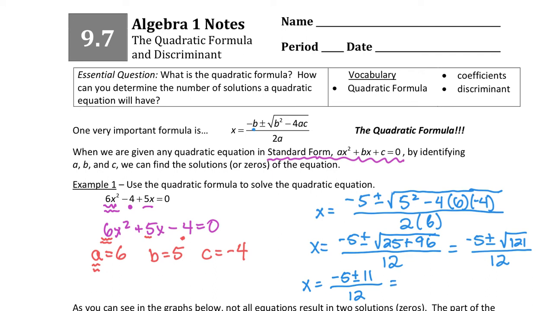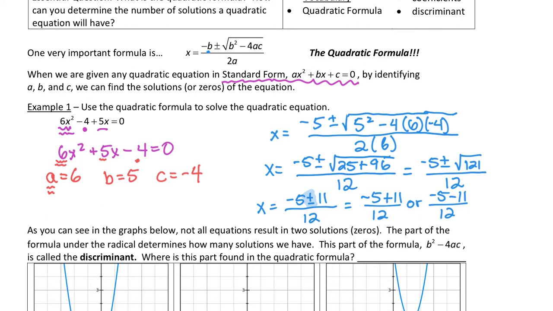Then we're going to split this. This plus or minus means to split that into 2. I'm going to have negative 5 plus 11 over 12, or negative 5 minus 11 over 12. Negative 5 plus 11 would be 6 over 12, and that's going to reduce.